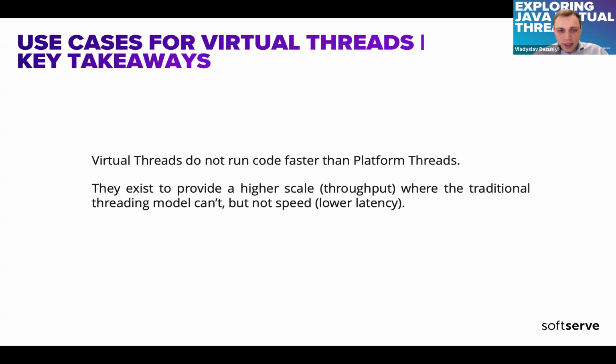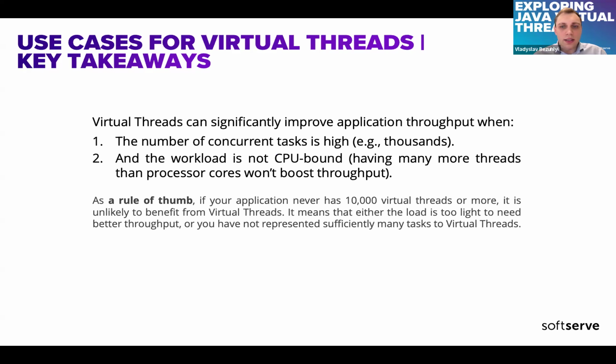This is one of the key takeaways, and another one is that virtual threads can significantly improve throughput when the number of concurrent tasks is high, like thousands. There's actually a rule of thumb that the JDK authors suggest: if your application doesn't have 10,000 virtual threads or more, it is unlikely to benefit from virtual threads.